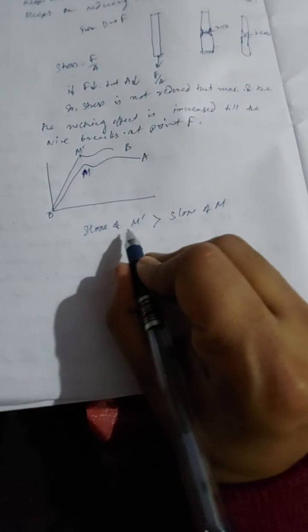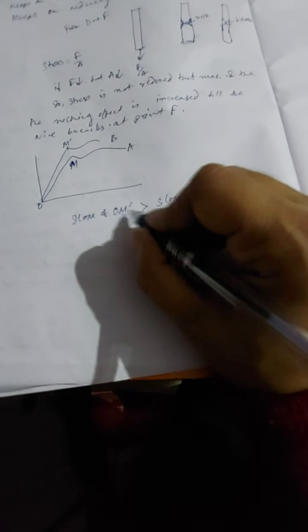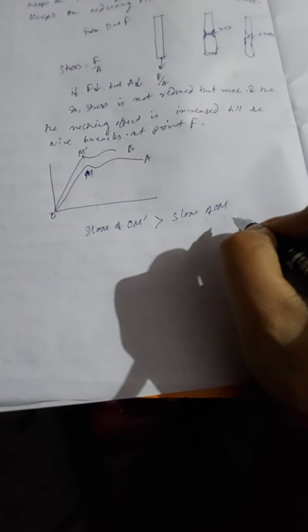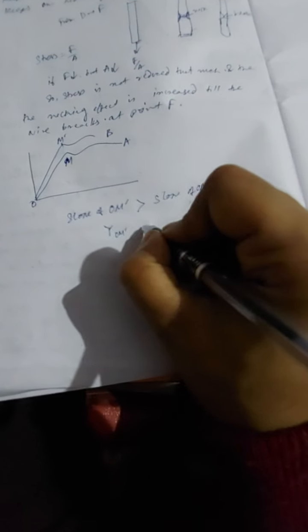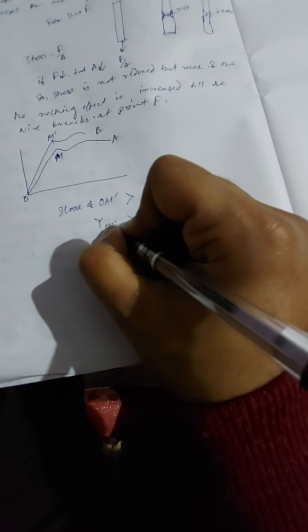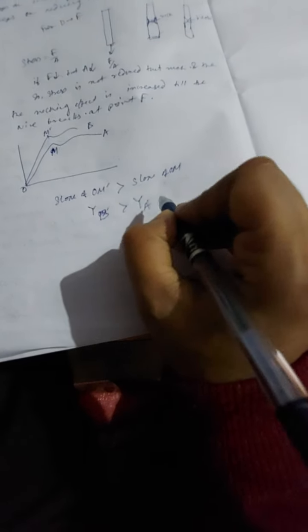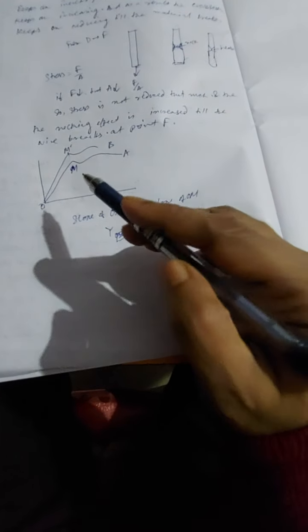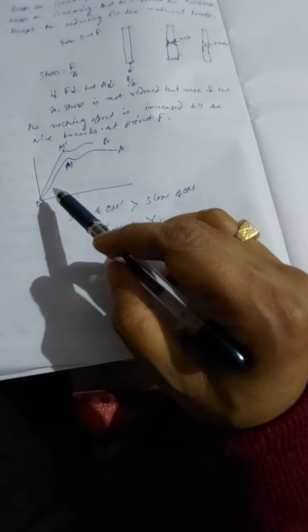So what does the slope give? The slope gives the Young's modulus. So Young's modulus of B is greater than Young's modulus of material A. So the slope gives the measure of the Young's modulus and hence the strength of the elasticity of the material.